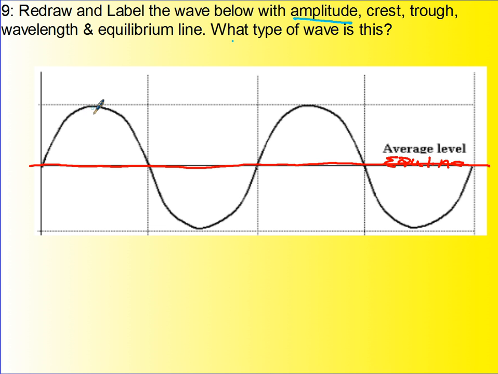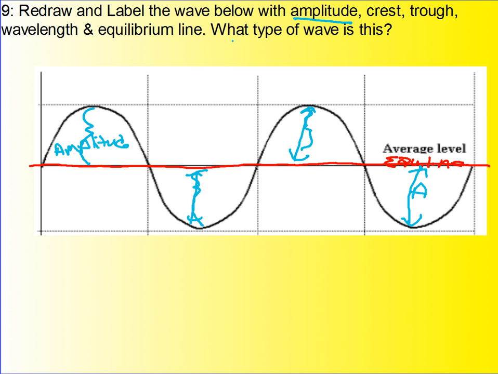The amplitude is the distance from this equilibrium line to a crest or to a trough. So AMP. All right, these are amplitudes, any one of these. Let's just do an arrow. The amplitude is from the equilibrium line up to a crest or down to a trough.